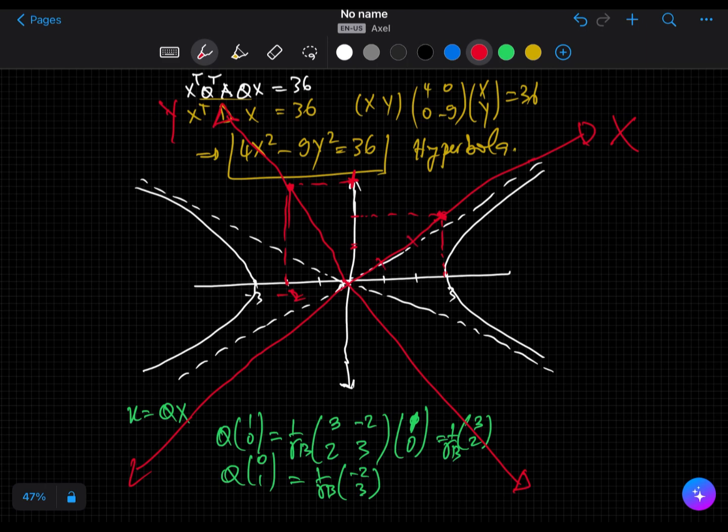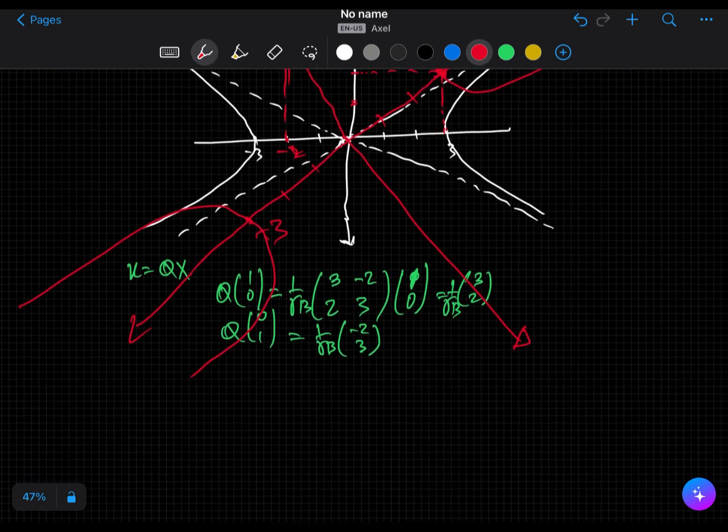This is 3. Then I'll have 1, 2, minus 3. So my hyperbola will behave as this. So you can see that this is the hyperbola from the new axis, right? I think this is quite clear and understandable.